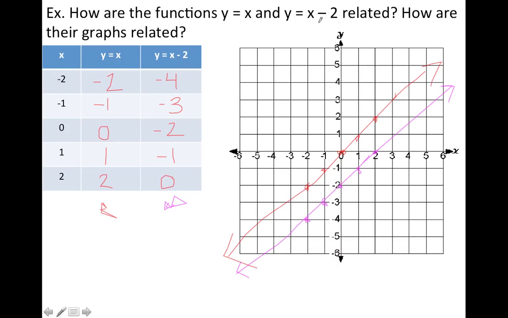It is not grouped with our x, and since it is subtract, that means our relation, or how they are related, we went down 2. This will come in more helpful when we talk about parabolas. So our transformation, or how they are related, we went down 2.